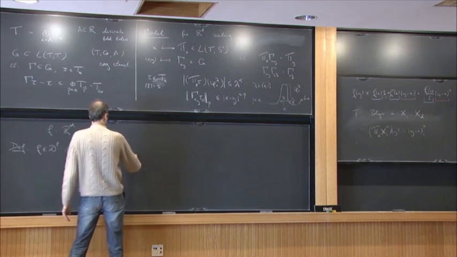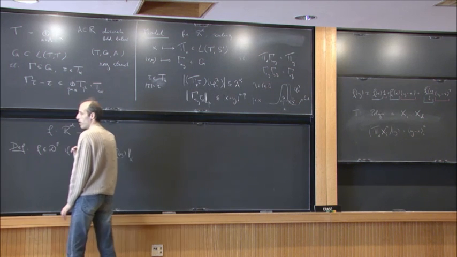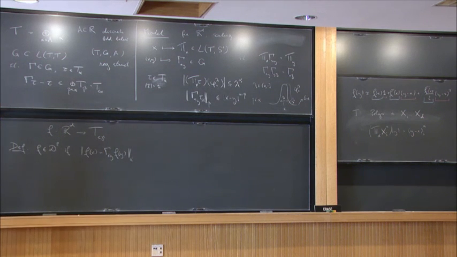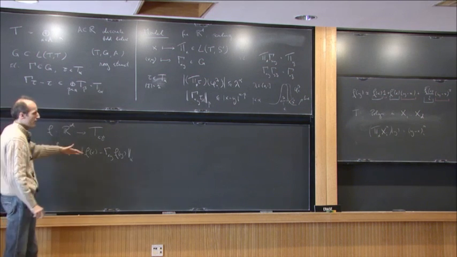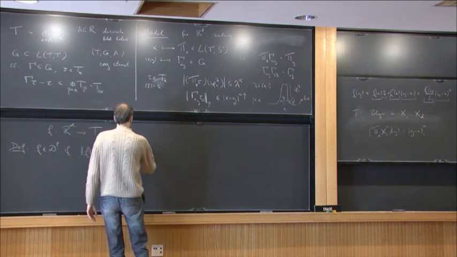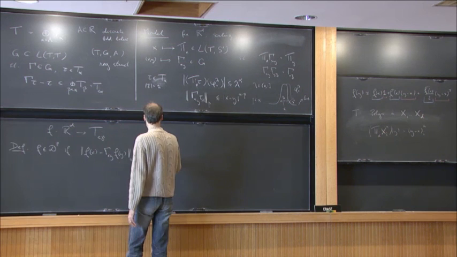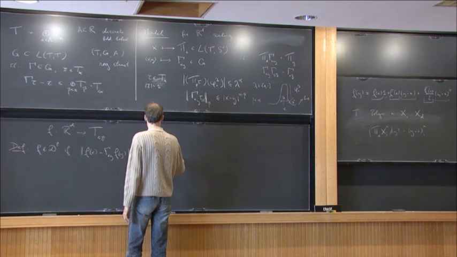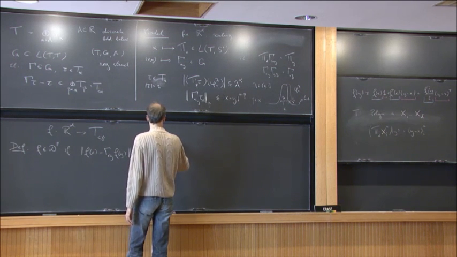So take again the component at level alpha for some alpha less than gamma. And now I claim that the natural condition is to impose that this is bounded by some multiple of x minus y to the power gamma minus alpha.